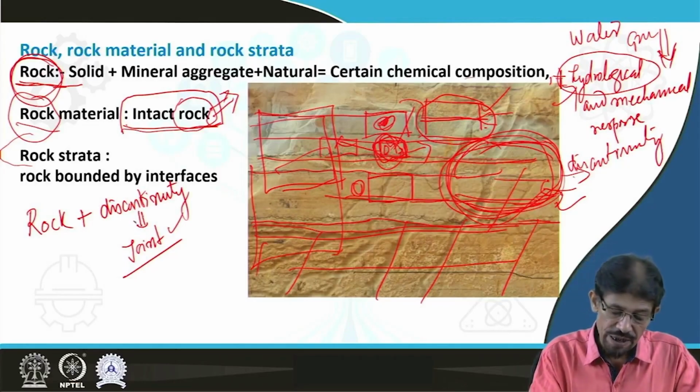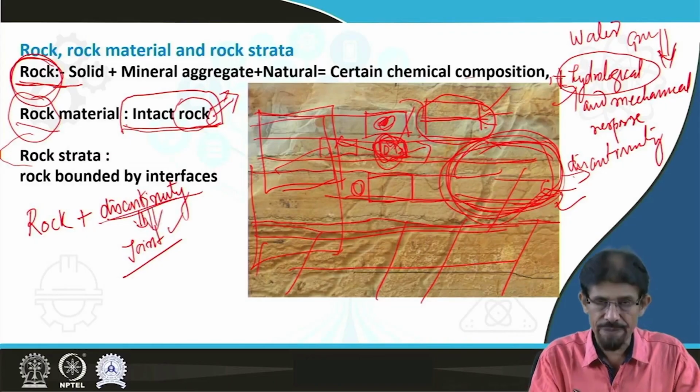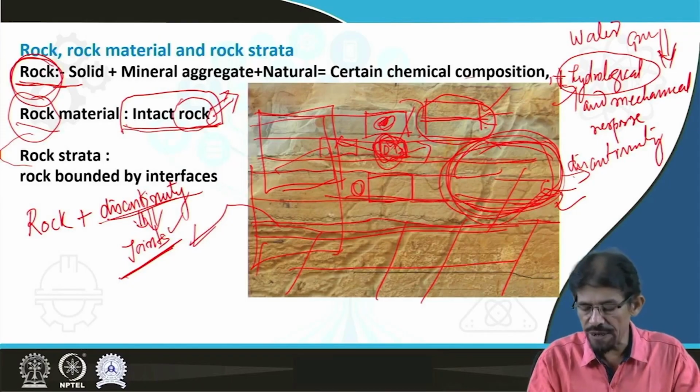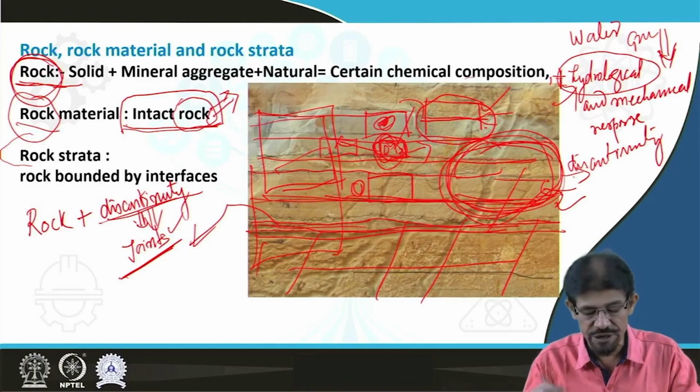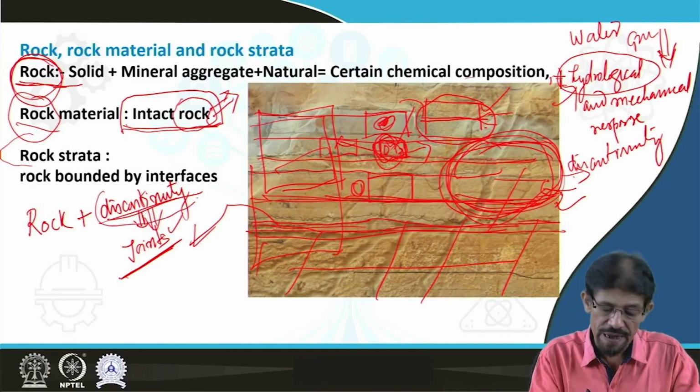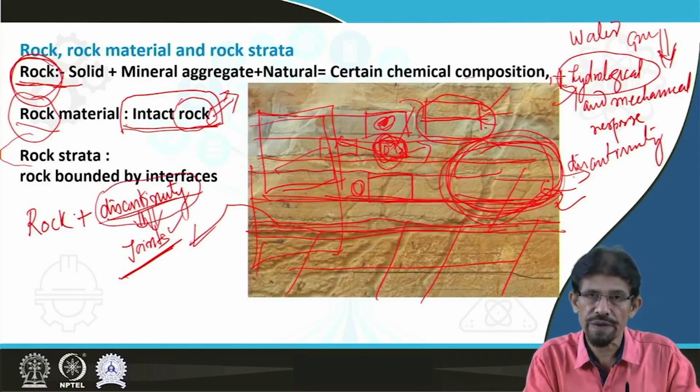In engineering, this discontinuity we consider as a trade name, a joint. Joint for any type of interface for our practical use. It may be, in geology, a bedding plane or foliation plane or lineation plane or fracture, but we are considering it here as a discontinuity surface.